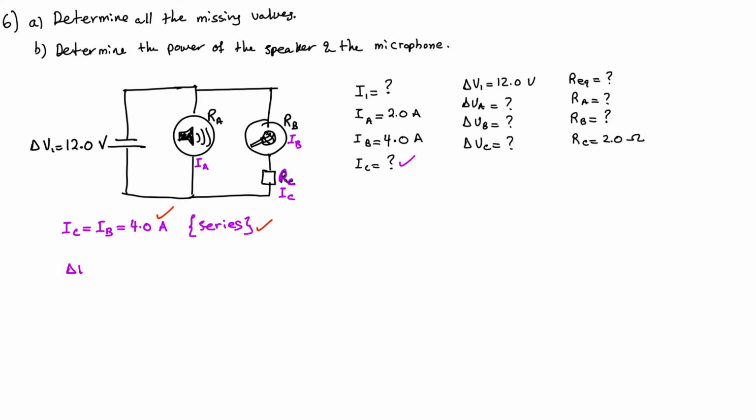Since delta VC is equal to IC multiplied by RC, and my IC value is 4, which I just saw above, and the RC value is given to us as 2, the potential difference across C is 8 volts.